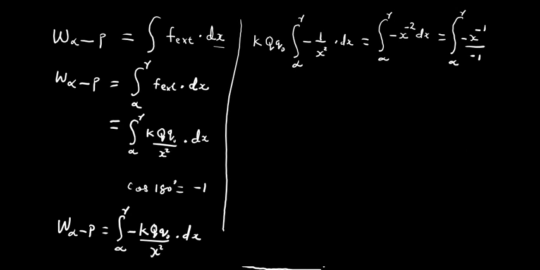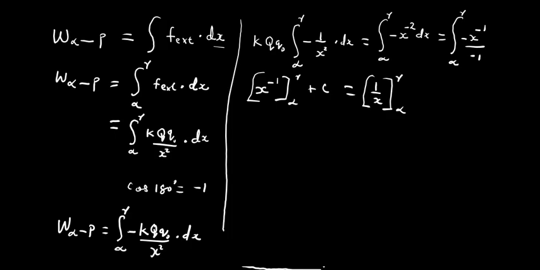So at the end of the day we have x to the power negative 1, from infinity to r, plus c. This will also be equal to 1 over x from infinity to r.